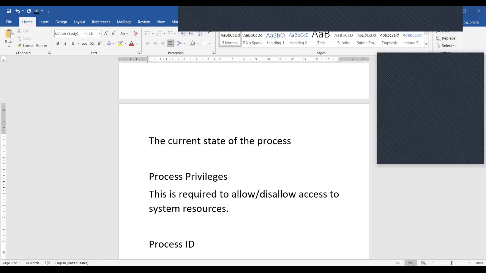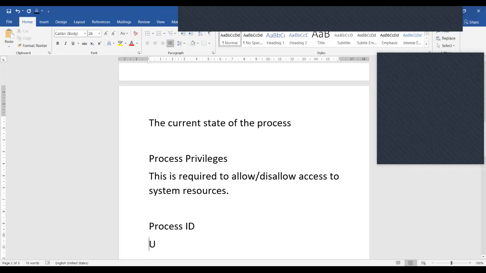That is considered an ID because it is unique for each and every student. Similarly, in case of process also, there is a unique identification for each of the processes in the operating system. So we can say that a unique identifier is the process ID.